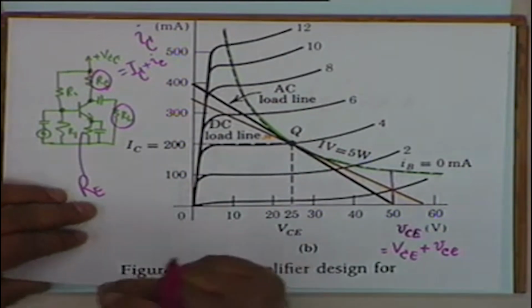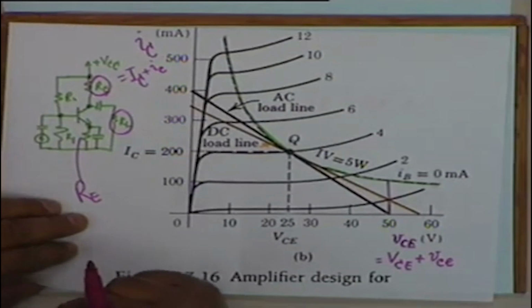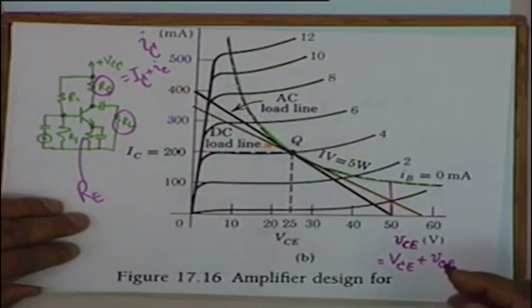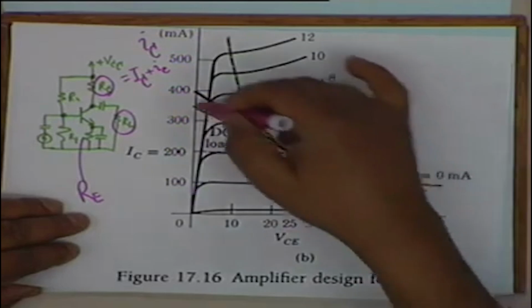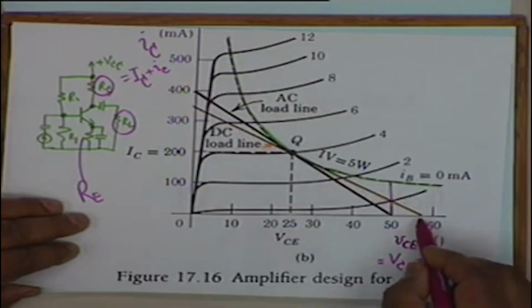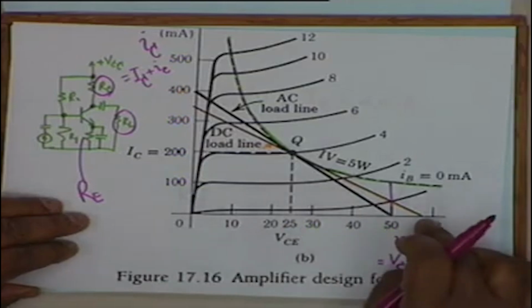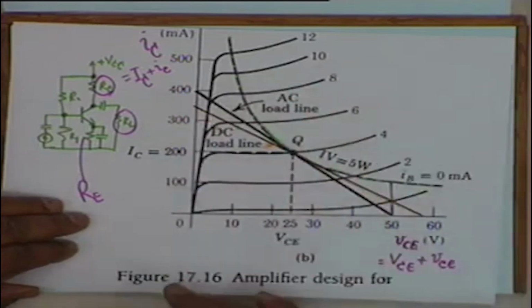Since you know R sub C and you also know RE, don't you know the DC load line? In fact, this orange line is the DC load line. It goes right up to some 58 volts. Is the point clear? You can get what VCC is needed right from the characteristic curves.